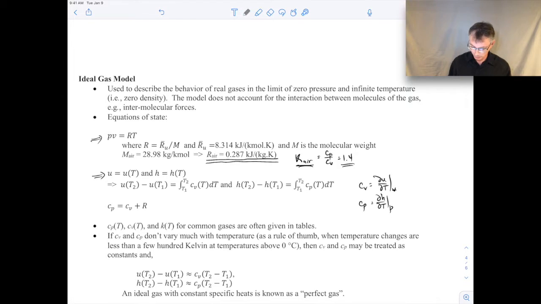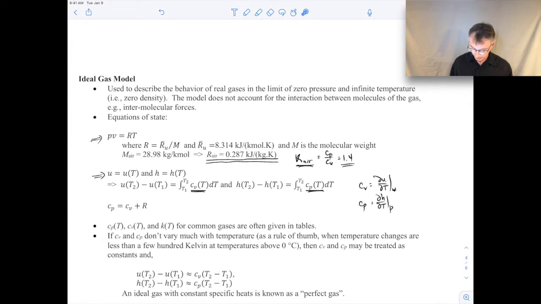And just remember that C sub V and C sub P in general will be functions of temperature. Since the u and the h are functions of temperature in general, it means that C sub V and C sub P will be functions of temperature in general.